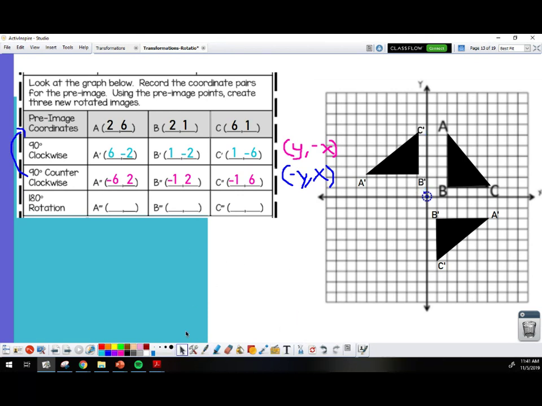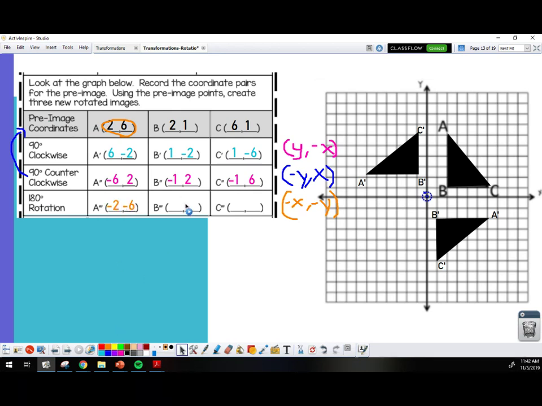And lastly, let's do a 180 degree rotation. You can probably by now get the hang of what our rule is going to be for a 180 degree rotation. It would be opposite x, opposite y. So all we're doing is taking our original point and making both coordinates opposite. Your A prime for this would be negative 2, negative 6.